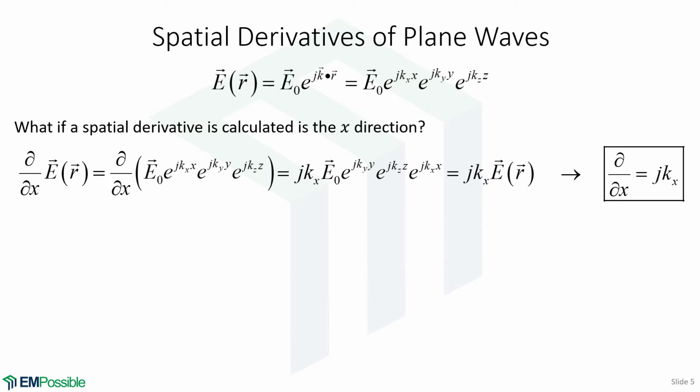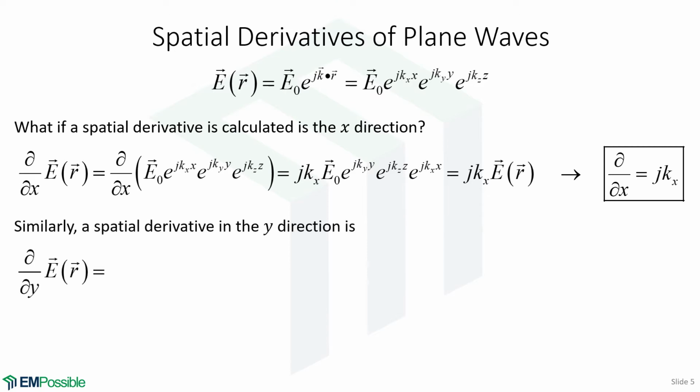So we can go into Maxwell's equations, and anytime there's a partial derivative in the x direction, just replace it with jkx. Physically, what this means is that the only thing that's happening to our wave in the x direction is that it is accumulating phase. And the amount of phase that it accumulates is described by the x component of the wave vector.